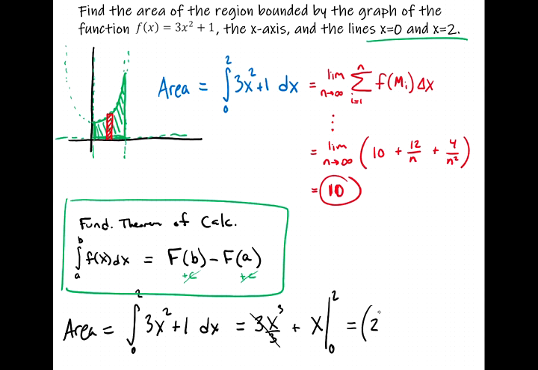So that's 2 to the third power plus 2 minus 0 to the third power plus 0. This is the fundamental theorem of calculus, and we get exactly what we got before. 2 to the third power is 8, plus 2 is 10. And we're subtracting 0. 10 minus 0 is 10.